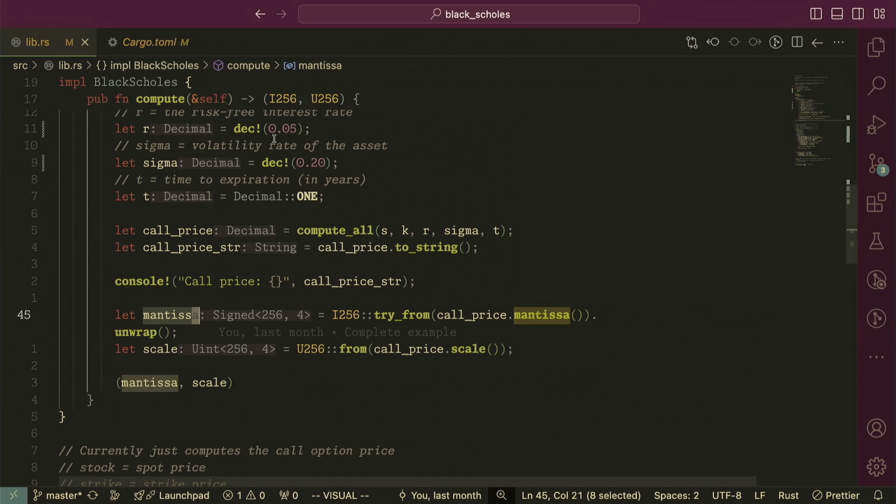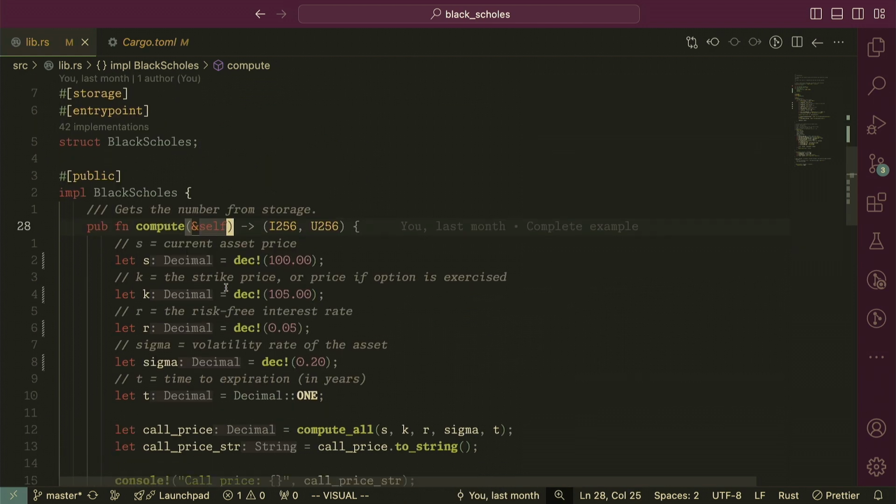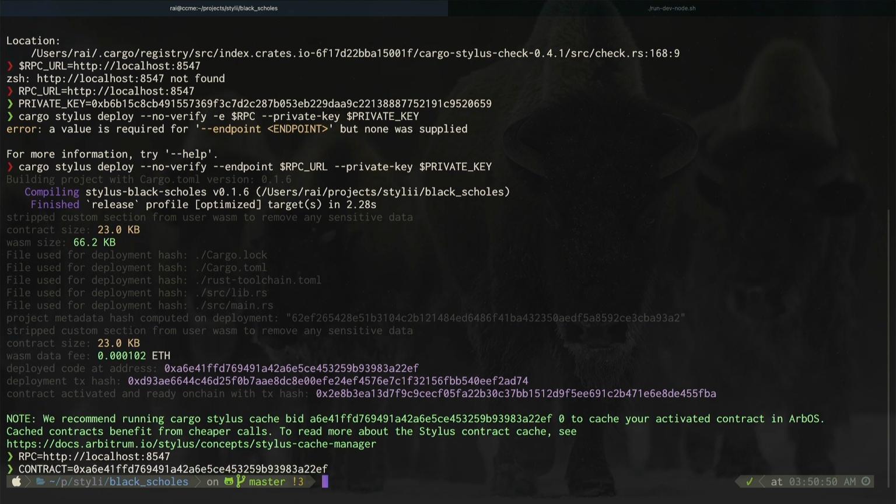All the values are hard-coded here. You could obviously parameterize this if you wanted to, but for simplicity, we're just going to call the hard-coded values, and we're going to use cast. Let me set contract to this, okay, and then cast send. Okay, I think that should work.